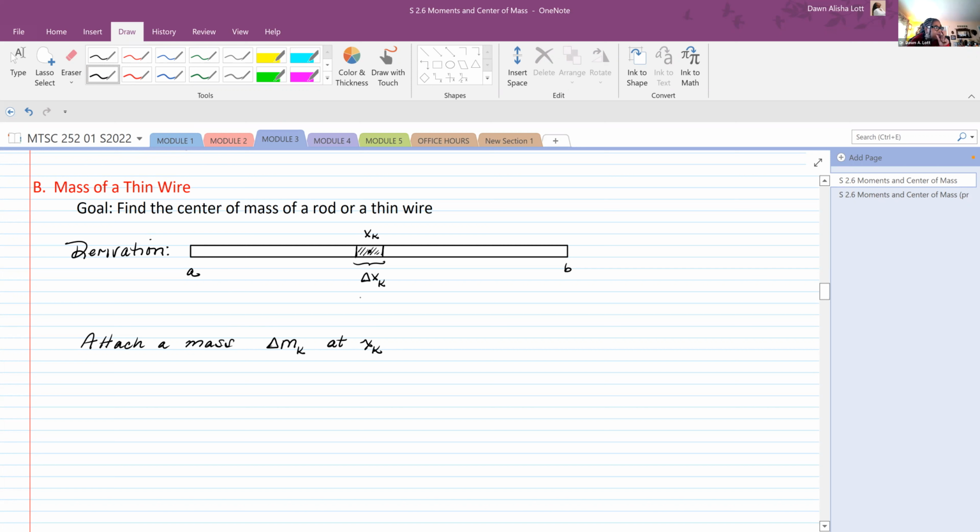So now that I have a little piece of mass, let's try to figure out this problem again. So we have x bar. We already know that that's the system moment over the system mass.